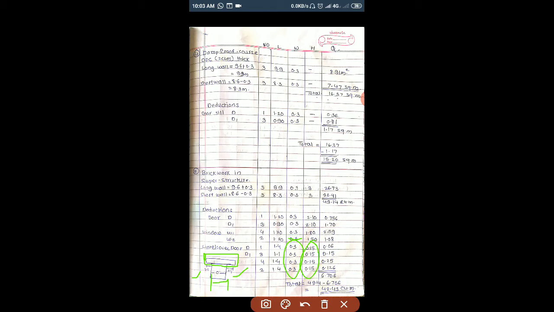For the length, we will add 0.2 in this calculation. The length of door D is 1.2 meter, so 1.2 plus 0.1 plus 0.1, which is 1.4, will be the length for D. Secondly, for D1 the length is given as 0.9 meter, so 0.9 plus 0.2 is 1.1.